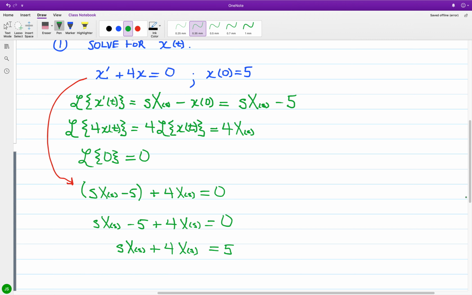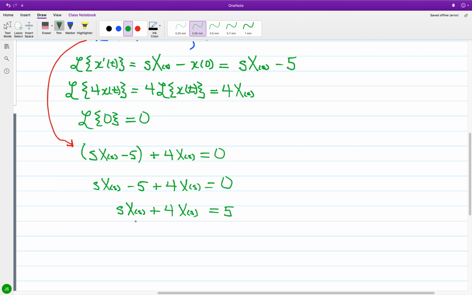Okay, so with our Laplace transform x of s terms on the left, I can express them in factored form. In this arrangement, we have the quantity s plus 4 times the Laplace transform x of s is equal to 5.